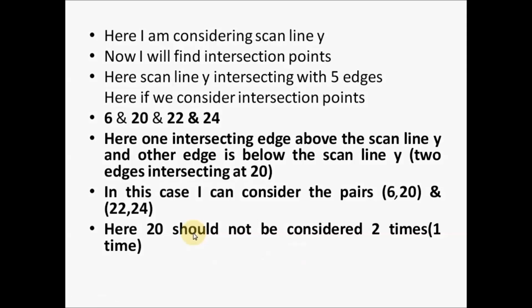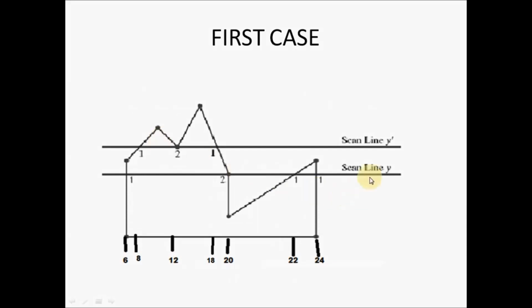Getting it, guys? So I will brief these special cases. In the first case, we considered the scan line y dash. Here we find the intersection points, that is 8, 12 and 18. 3 intersection points we found. How many edges are intersecting here? 4 edges, but to make a pair we need 4 intersection points.